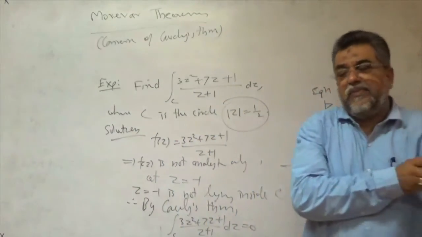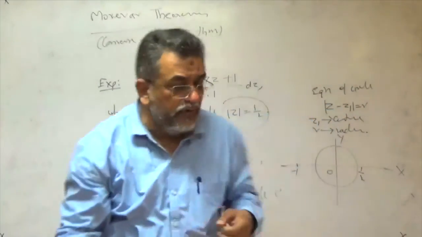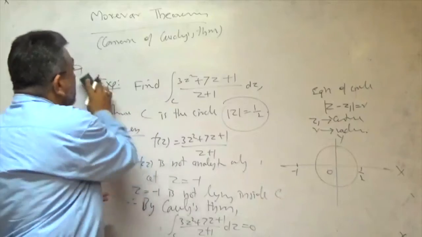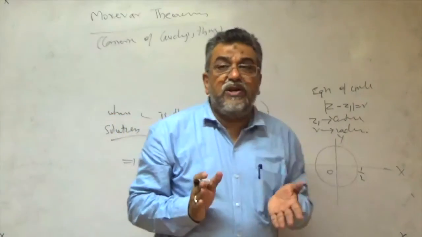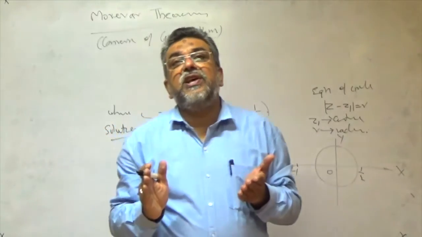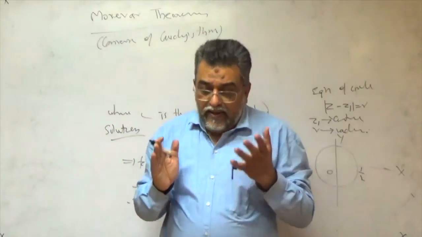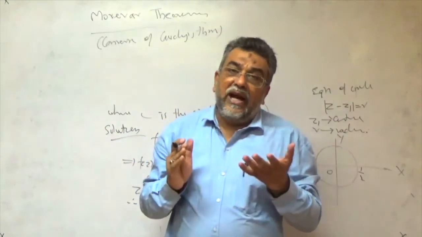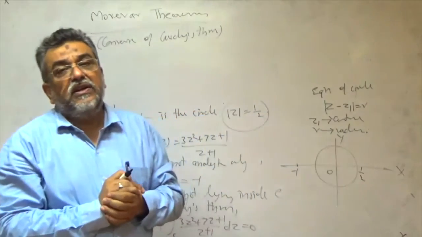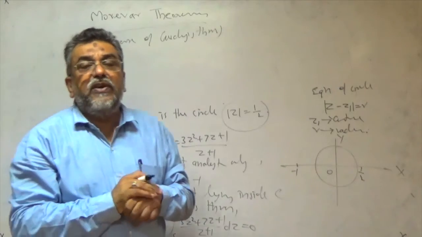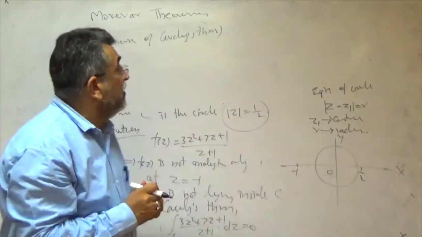Only the statement is a part of our syllabus, not the proof. So what is the converse? In Cauchy's integral theorem, the statement was: if a function is analytic on and inside a closed curve C, then the integral of the given function along C is equal to 0.